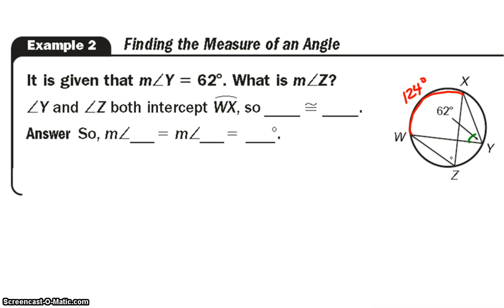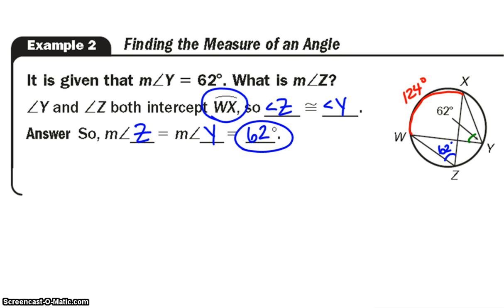I also know that this angle here intercepts the same arc WX, so it must be half of 124 or 62 degrees. Because I know that angle Z and angle Y are the same since they have the same intercepted arc WX. So the answer for the measure of angle Z is equal to the measure of angle Y, which is 62 degrees.